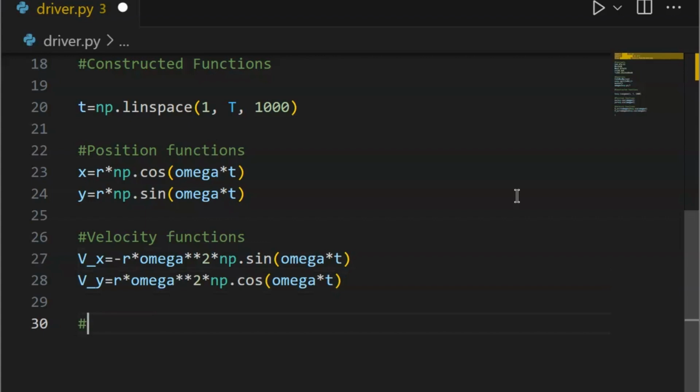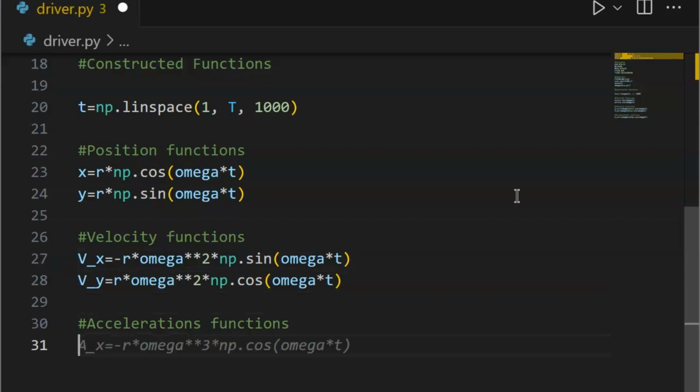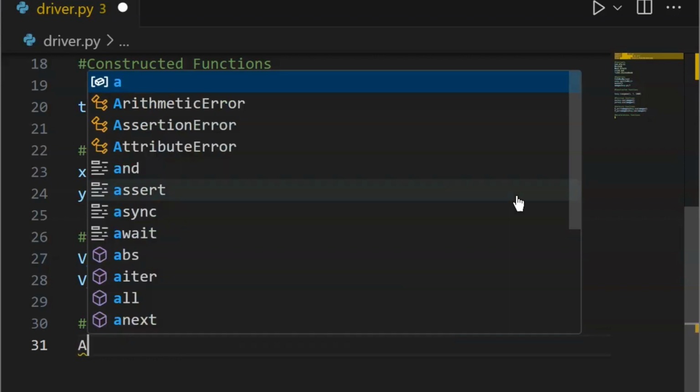And then we are left with the acceleration functions. One key thing to note throughout is that this is in a 2D plane, so we are considering only the x and y components throughout.